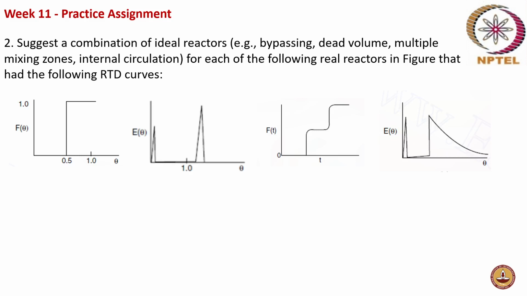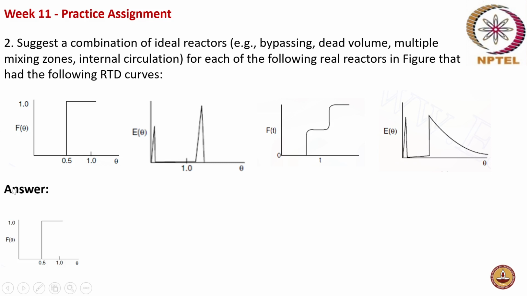For each we have to identify a combination of ideal reactors that would produce such an RTD curve. Now let us look into the combination for each case.